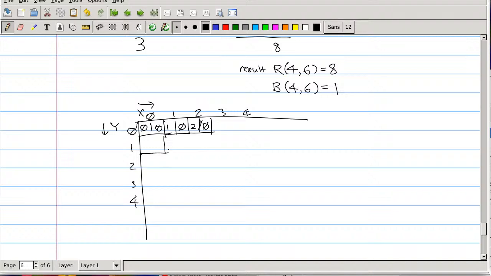The next row is a little bit trickier because now we are saying, what about 0 minus 1? 0 minus 1 has a result of 9 and a borrow of 1. 1 minus 1 has a result of 0 and also a borrow of 0. 2 minus 1 has a result of 1 and a borrow of 0, and so on.